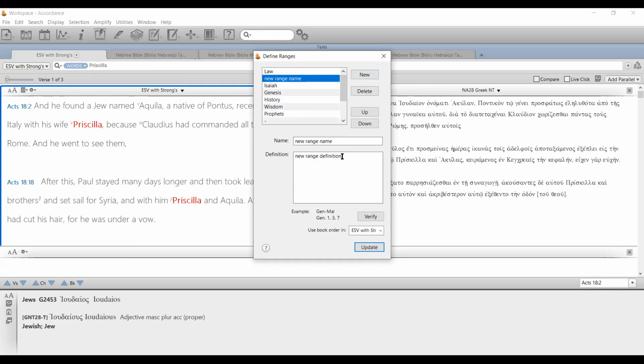New range definition, like John. And I need to specify John. Yeah, it is here now.